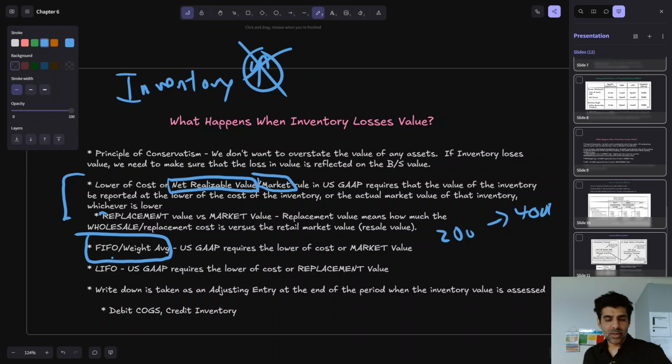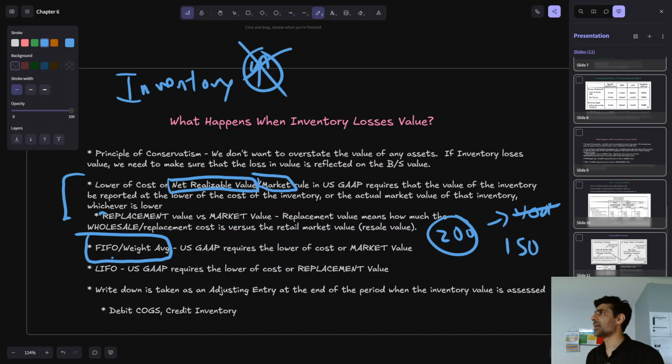Okay, let's say you bought them for 200, but now they're so old. It's like the iPhone 4 or whatever. If you went and looked on eBay, you could buy them for $150, right? That's the market value that a retail customer is paying. It makes no sense that you're holding them in your inventory worth 200.